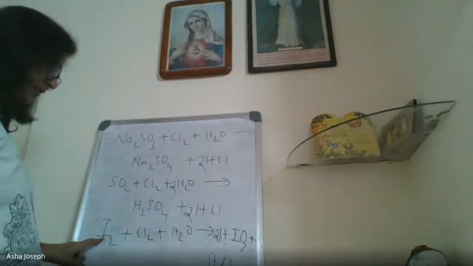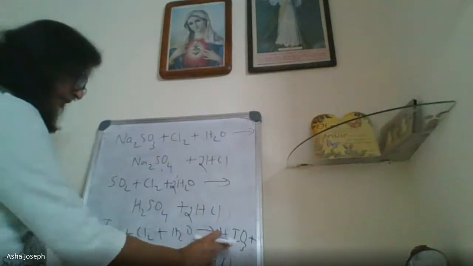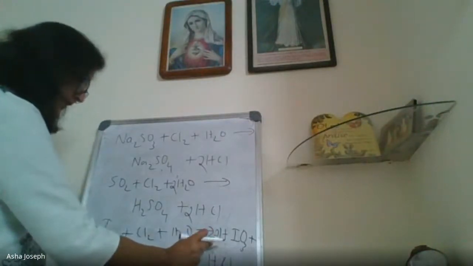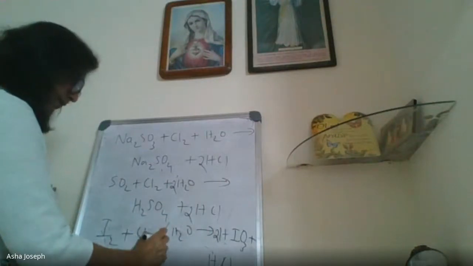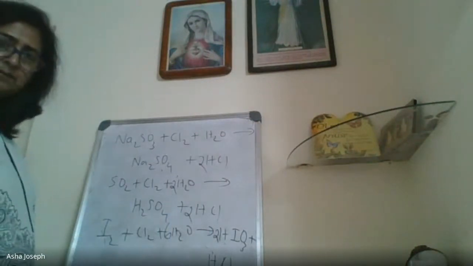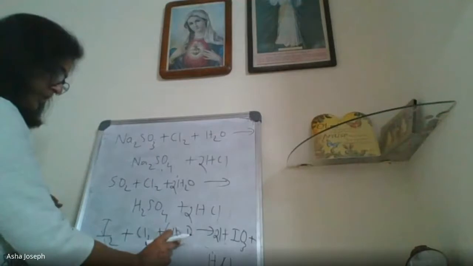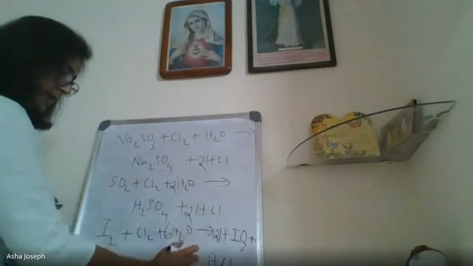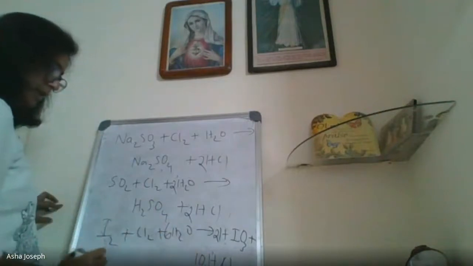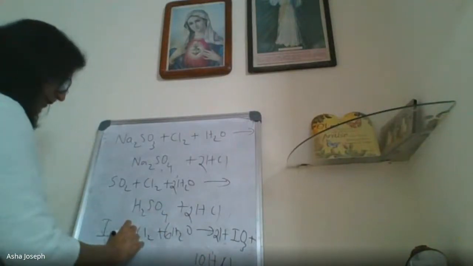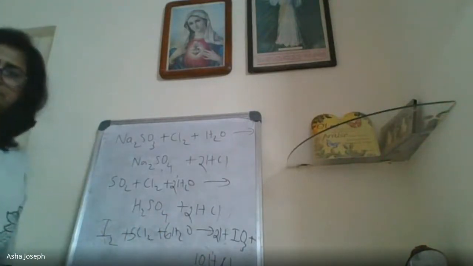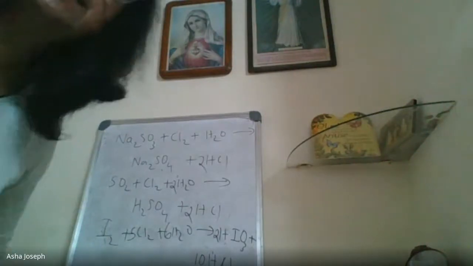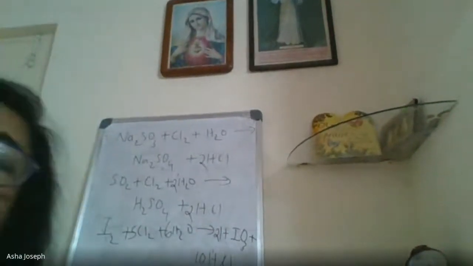And now oxygen becomes 6, 2 into 3, 6. So I have to put 6 here. And then hydrogen became 12. Out of 12, 2 are here. Remaining 10. I have to put 10 here. So 10 chlorine means 5 Cl2. Clear? Balancing is in the last. Other balancing are easy.